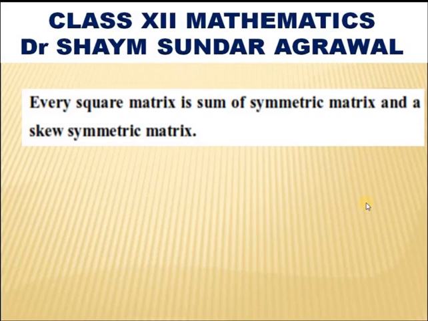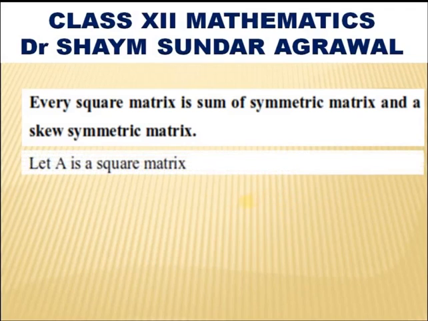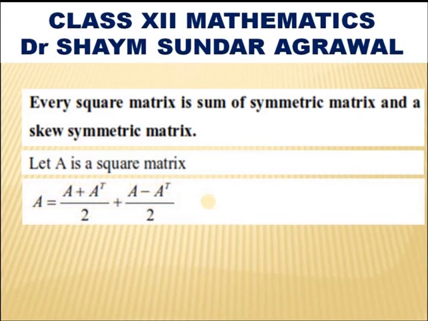Now, remember one more thing. Every square matrix can be written as the sum of one symmetric matrix and one skew symmetric matrix. So, let A be any square matrix, then A can be written as A plus A transpose by 2 plus A minus A transpose by 2. Minus A transpose by 2 plus A transpose by 2 cancel, A by 2 plus A by 2 is equal to A. So, A can be written like this, where we have already proved A plus A transpose is a symmetric matrix.